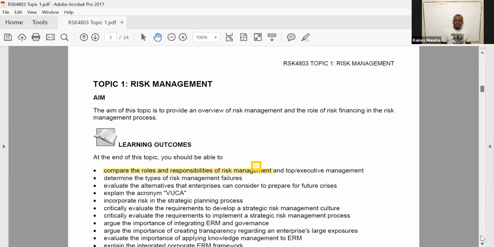Remember there are different case studies that they're giving us in unit 1, where we now need to start asking the question: when you look at the disasters these companies have faced, is it a fair assessment to say risk management failed in that case?